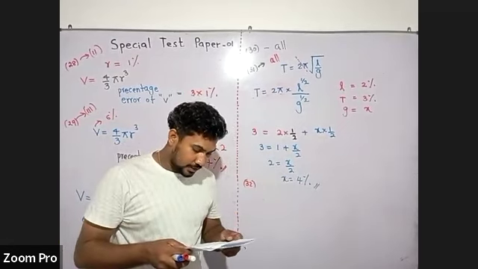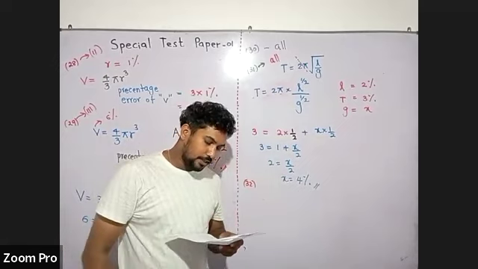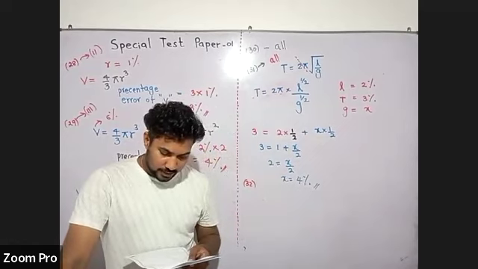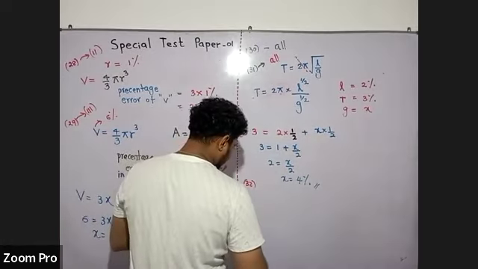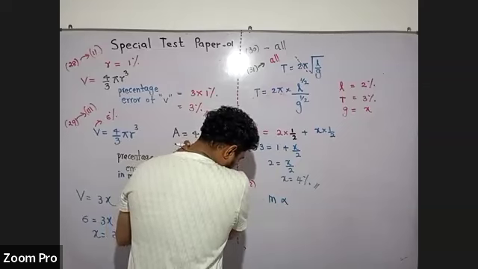In the 32nd question, the mass of the heaviest stone that can be moved by the water flowing in a river depends on the speed of the water. Right. So mass depends on the speed of the water.